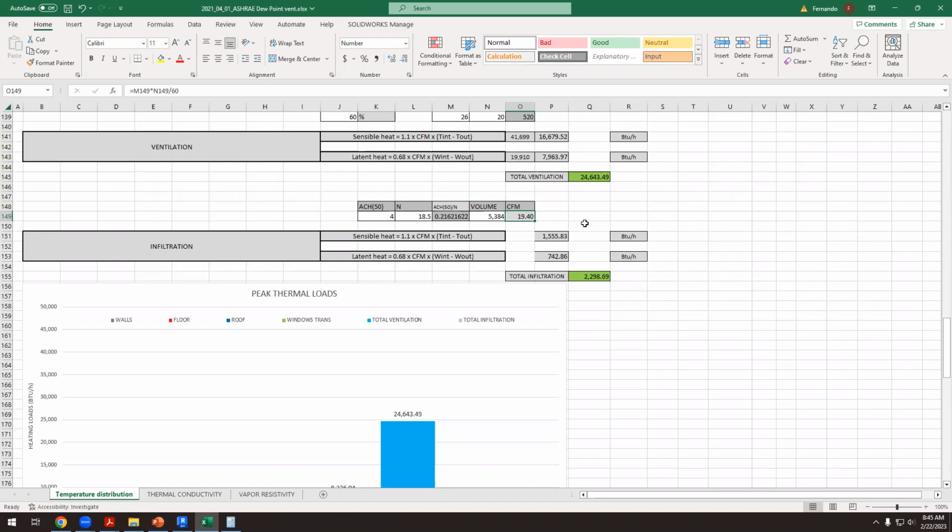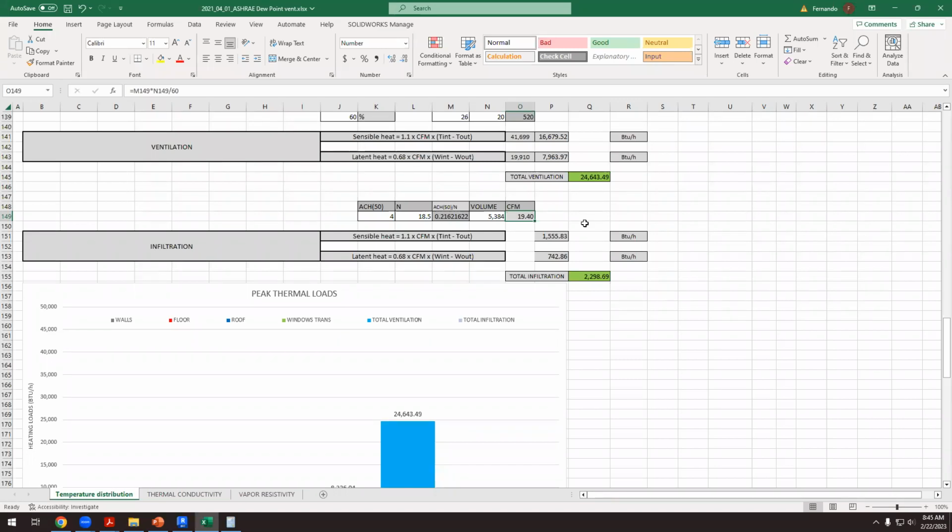If I'm not wrong, 1 hour is 60 minutes, so we have to divide this by 60. 5,384 divided by 60 gives 19.4 CFM, which is cubic feet per minute.